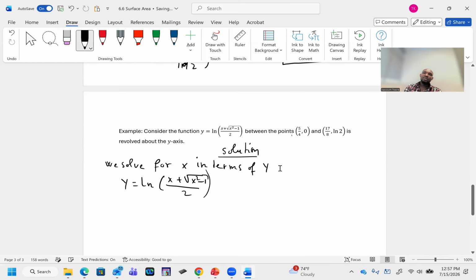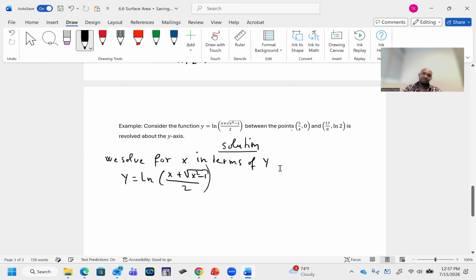To get x by itself, we have to apply the exponential. So e to the power of y will be equal to e to the power of ln of this one. But the rule of ln and e, they are inverse of each other. So e to the power of y will just be x plus square root of x squared minus 1, divided by 2, right?